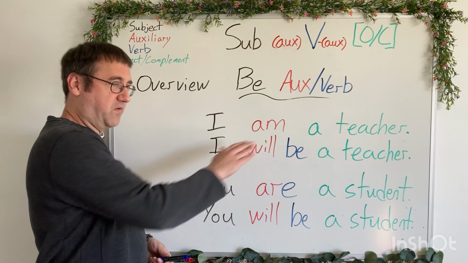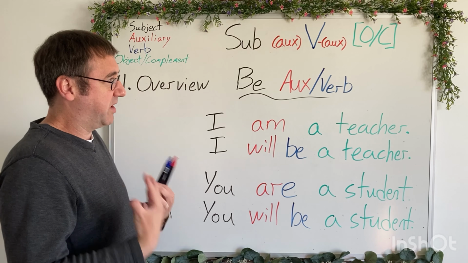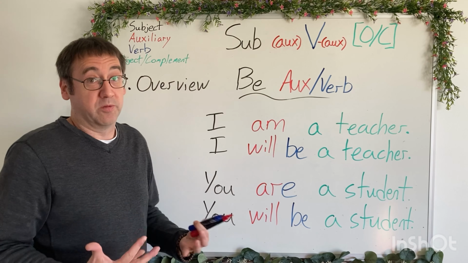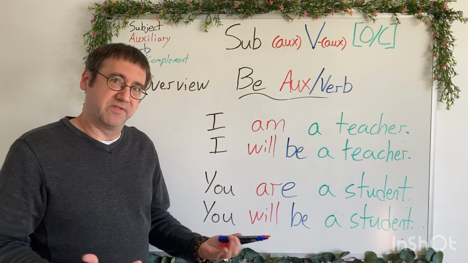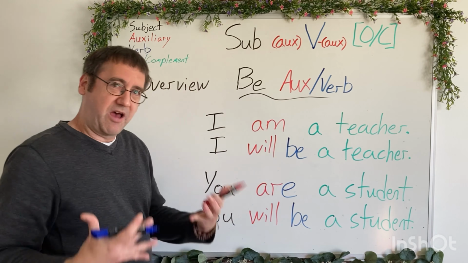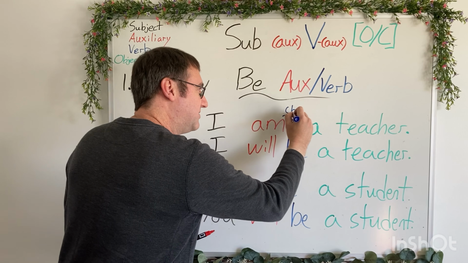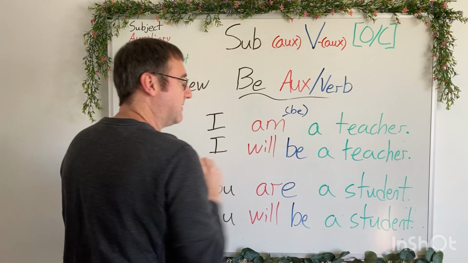So if you look at the first one, it says, I am a teacher. And you might think, well, what's the verb? Well, the verb is am. That's what most people say. However, the verb is actually, and this is how you have to think of it, there's two things here. The verb is actually be, because that's its natural form. That's its root form, okay, is be, be.